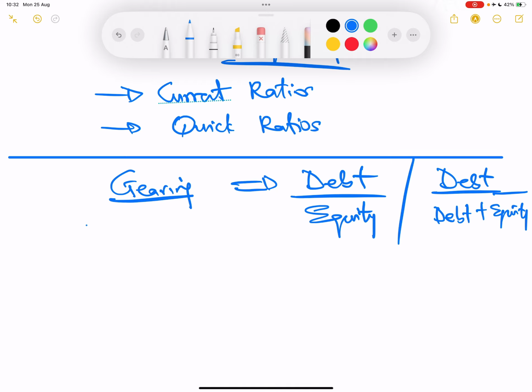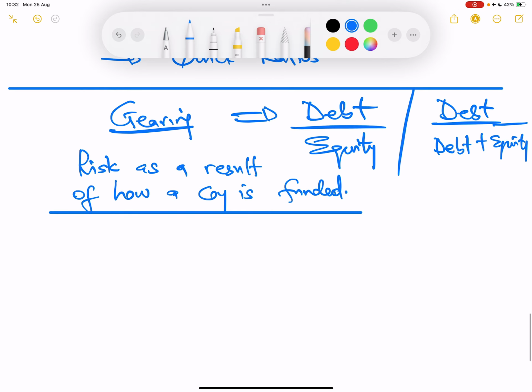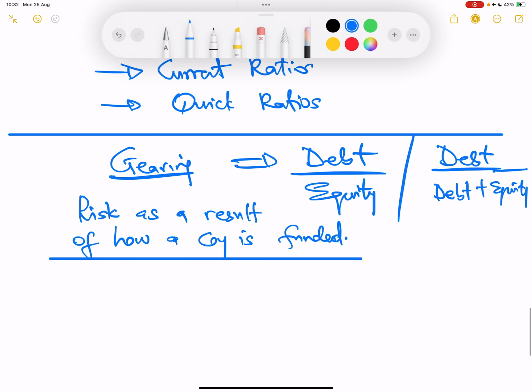Remember, gearing is about risk as a result of how a company is funded. Please take this very importantly. Is it a lot of equity? Is it a lot of debt? You want about 50%, but the level of debt depends on so many things.